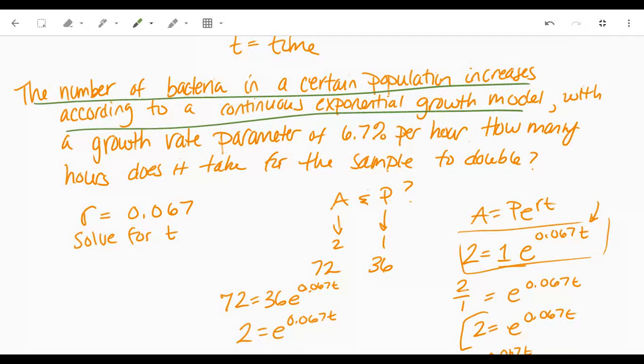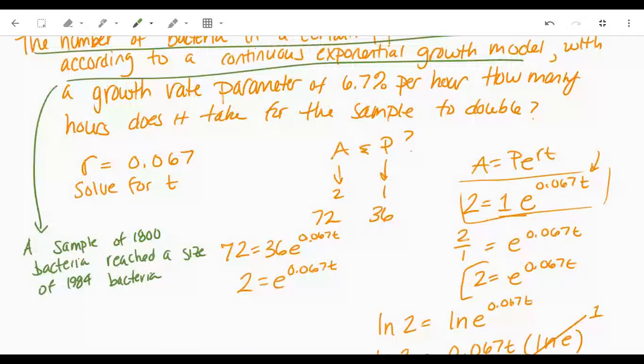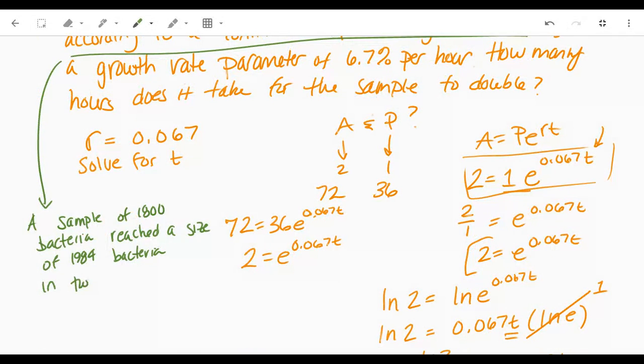And they tell you we have a sample of 1,800 bacteria selected from this population, reaches a size of 1,984 bacteria in 2 hours. Okay, find the growth rate.